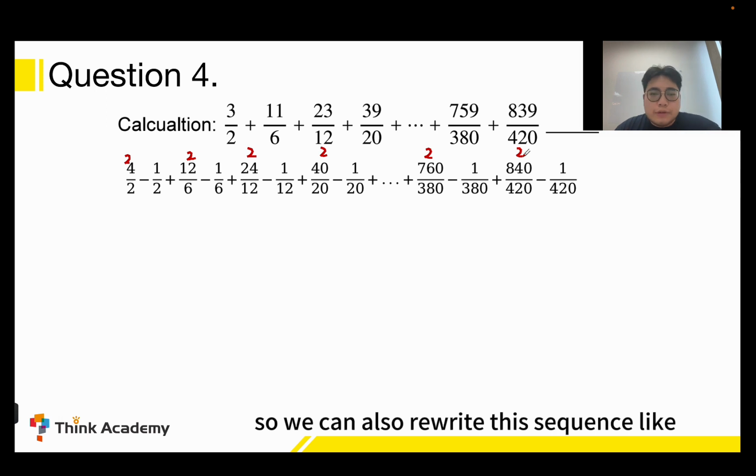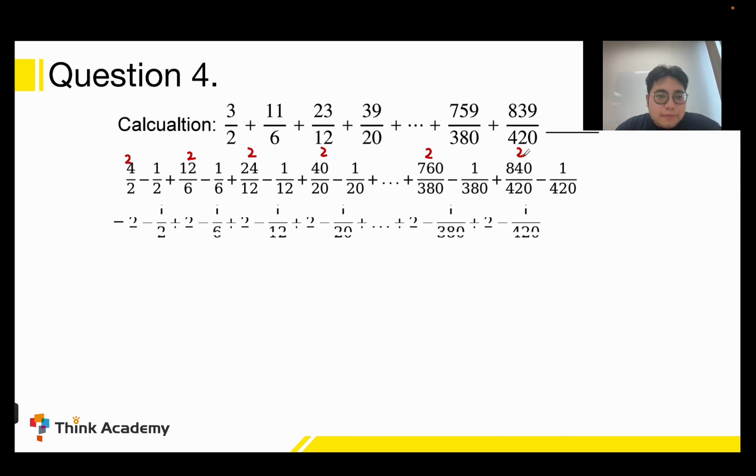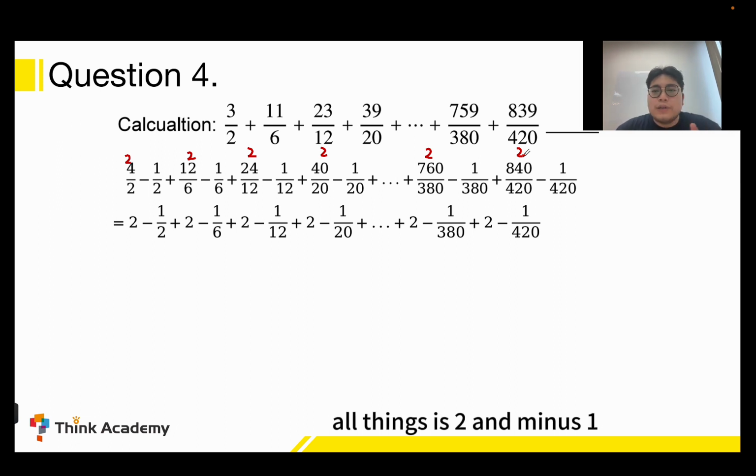So we can also rewrite this sequence like 2 minus 1 over 2 plus 2 minus 1 over 6 plus 2 minus 1 over 20 plus and so on, plus 2 minus 1 over 380 plus 2 minus 1 over 420. Okay, I like it very much because all terms are 2 minus 1 over something.